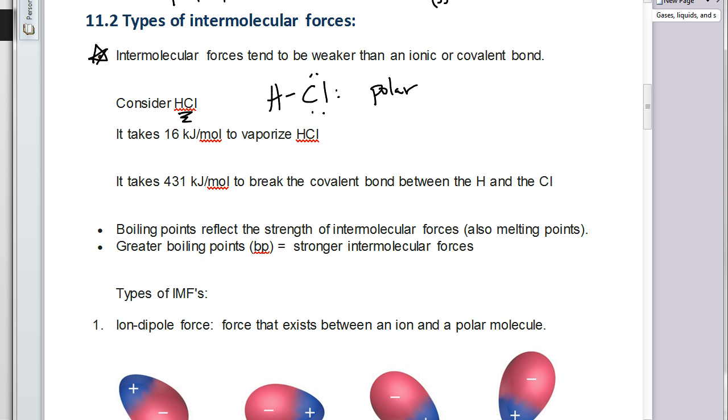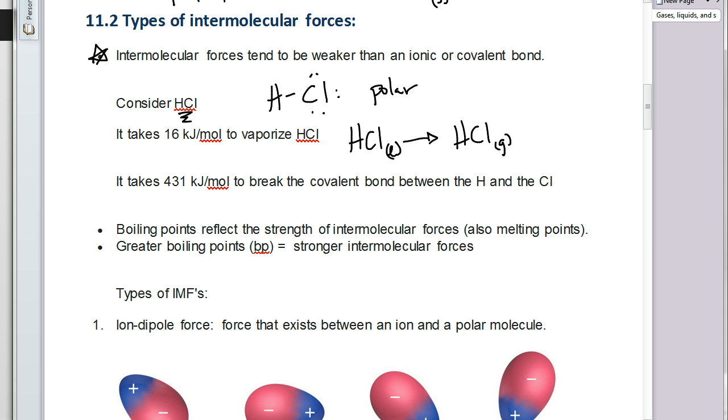Now, if we want to vaporize HCl, meaning we take HCl in its liquid form and turn it into HCl in its gaseous form, we're not breaking the bond that holds the hydrogen to the chlorine at all.